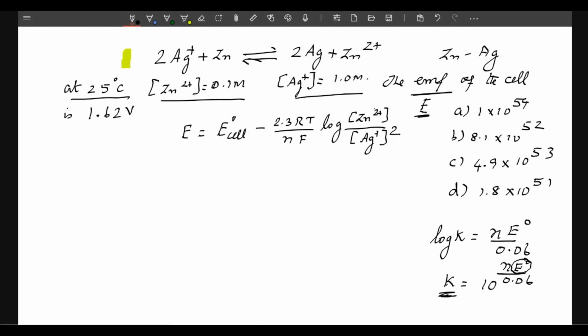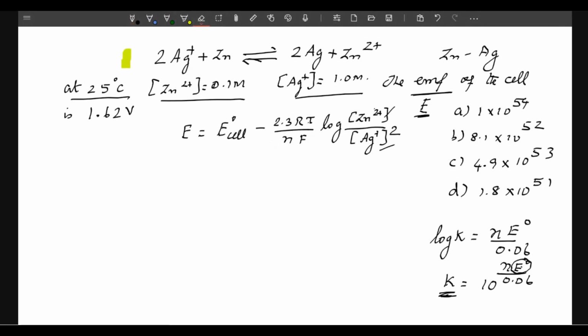This is the equation you have to make use of. Here the concentration of zinc 2 plus is given, silver plus is given, and the temperature is at standard condition. Under this condition, you know the value of this one.